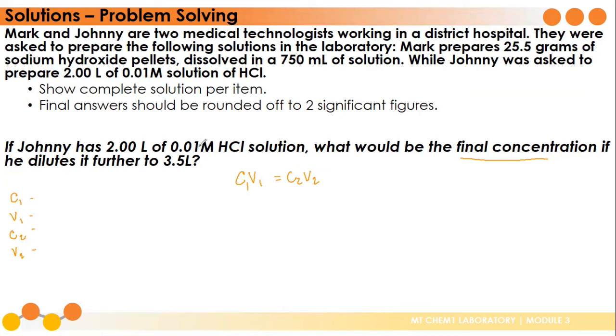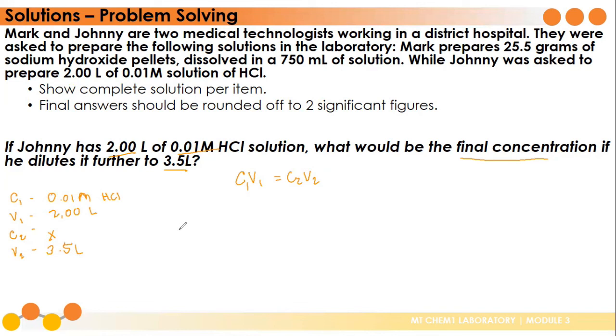So for the first concentration, we have here 0.01 moles, or molarity, of HCl. For its volume, we have 2.00 liters. And then we are looking for our final concentration, so let's mark it as X. And our final volume is 3.5 liters.